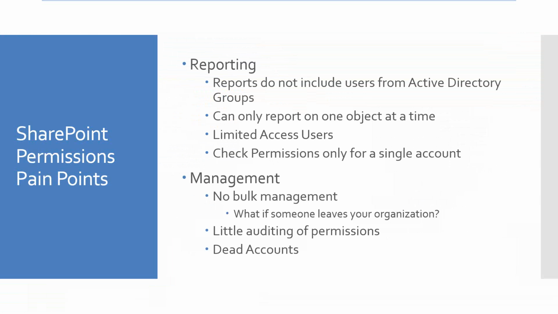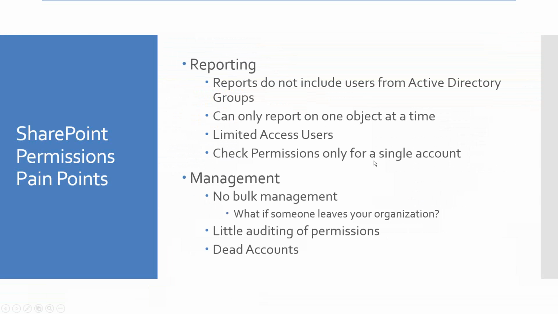Sometimes it's incorrectly reported, and this is usually down to the fact that the Active Directory groups aren't enumerated. So when we look at the user Bob, we can see that Bob has limited access to a site. He may actually have a lot more than that, but SharePoint is reporting limited access because it didn't know that Bob was inside an Active Directory group that happens to have full control.